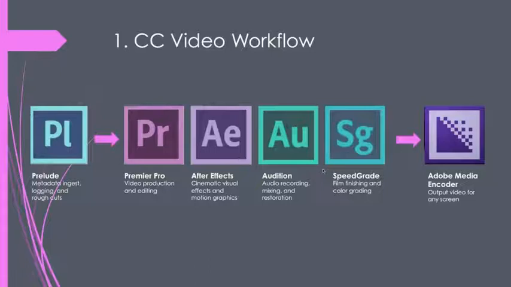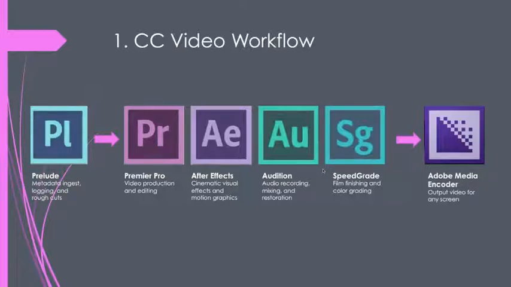All right, so the first one here is the video workflow. These 6 products are what consist of the Creative Cloud video workflow. So you've got Prelude, which is your metadata ingest, so basically your rough cuts and logging. Then you would push that over to Premiere Pro, which is where you do your video editing.